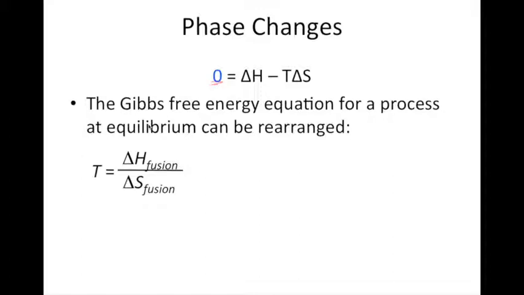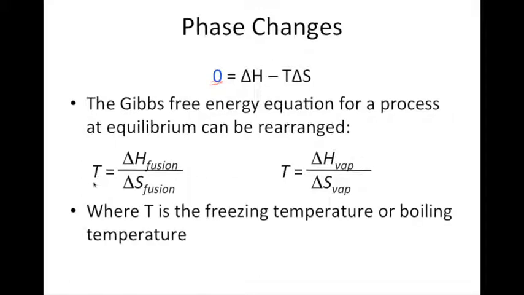So we can solve for T. And whether we're talking about the freezing process or the melting process or the vaporization process, we can solve for the T, which would represent our freezing temperature or our melting temperature, and this T would represent our boiling or our condensation temperature.